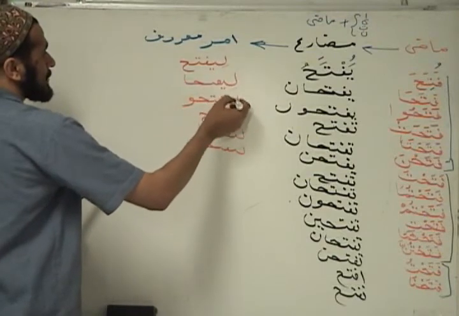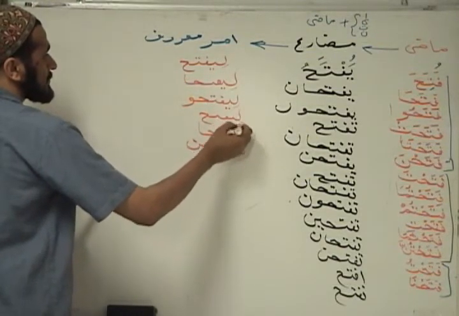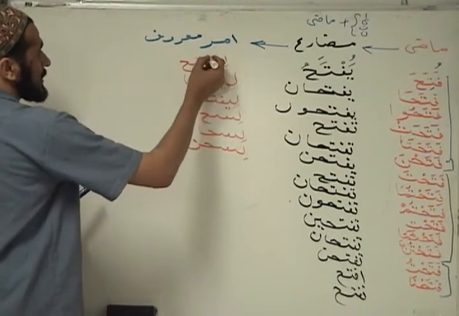Okay, lam with a kasra is the first letter, and the ya.